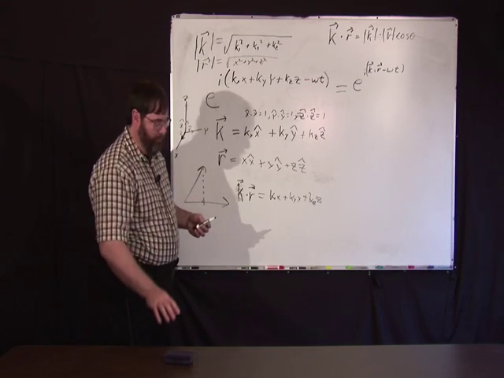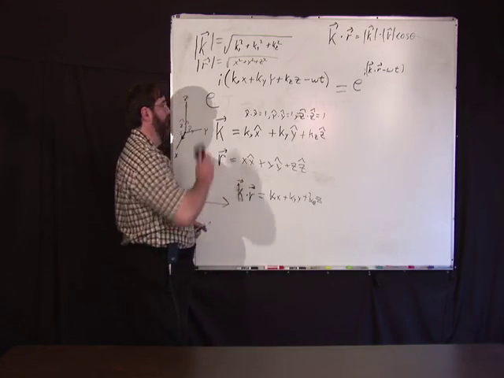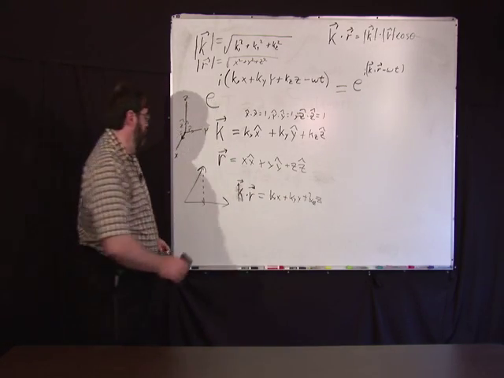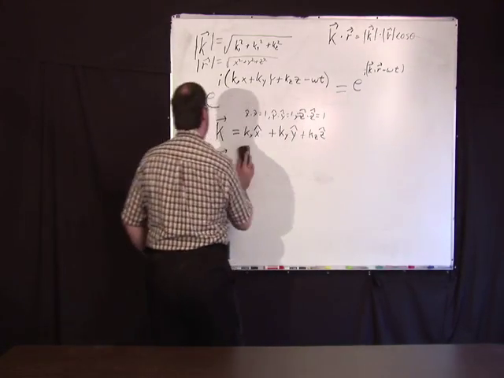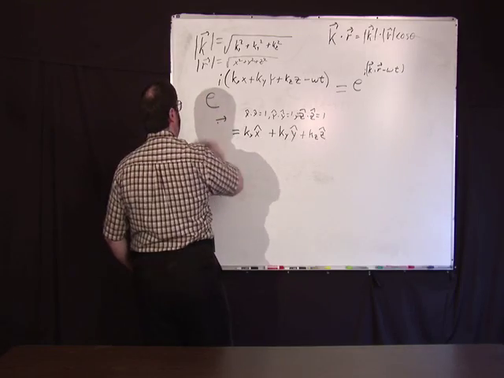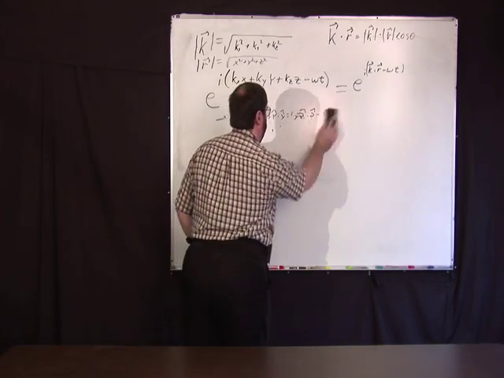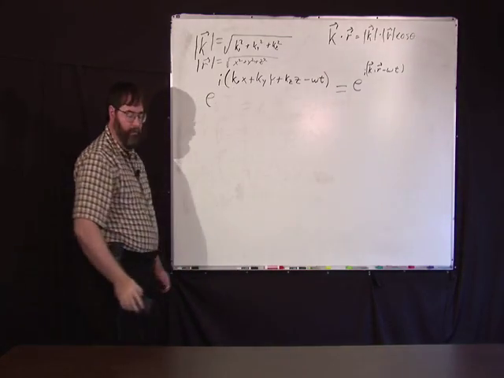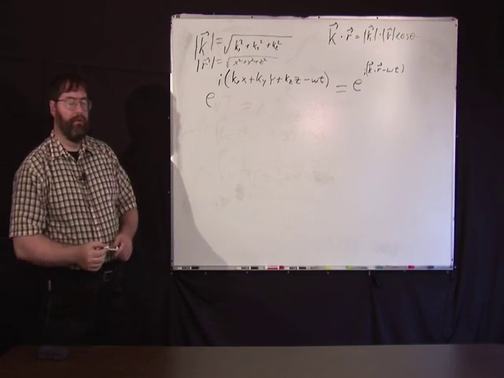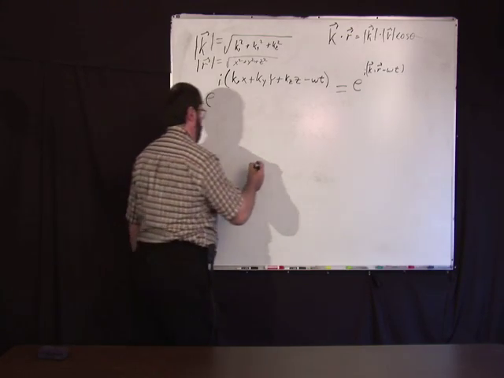Okay, now I want to point out that that is just a plane wave. We had talked a few episodes back about an isotropic radiator. Well, it propagates something called a spherical wave. And let's review that a little bit.